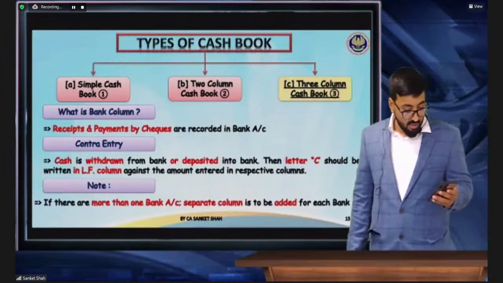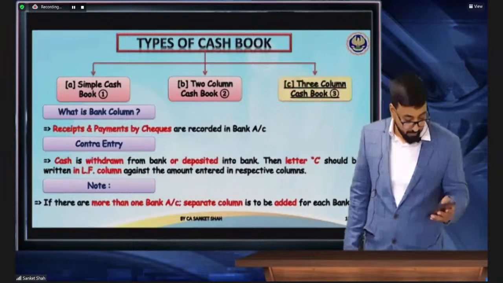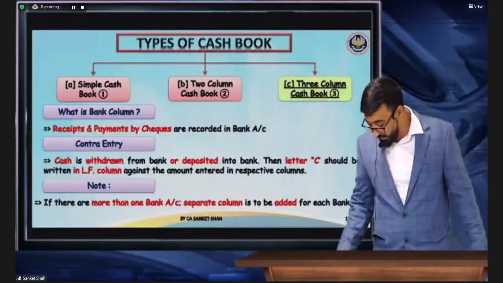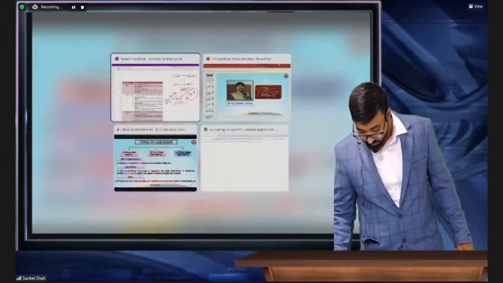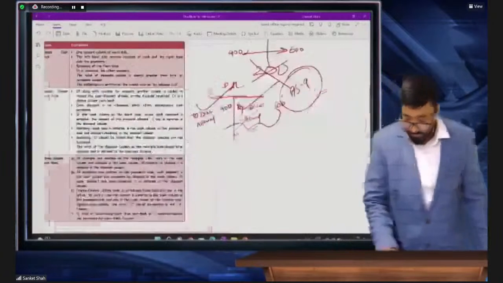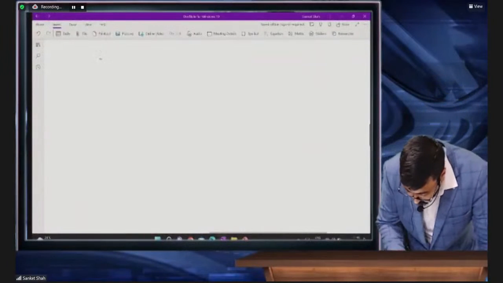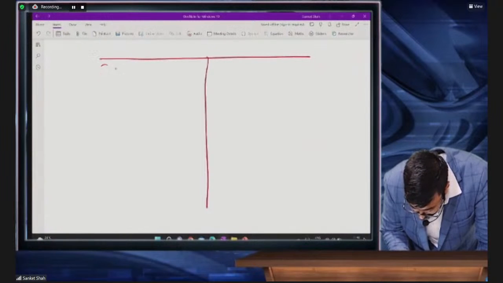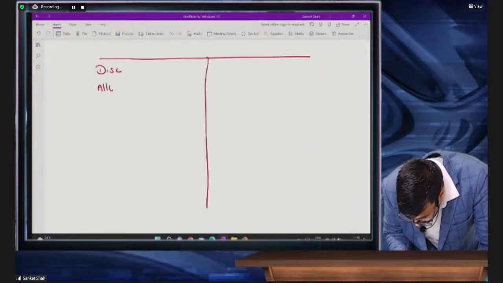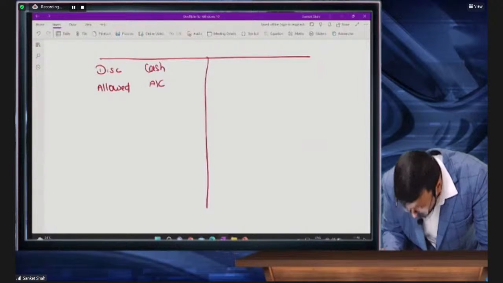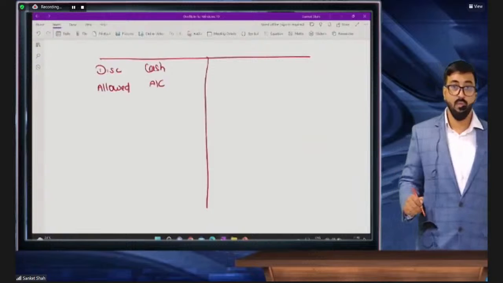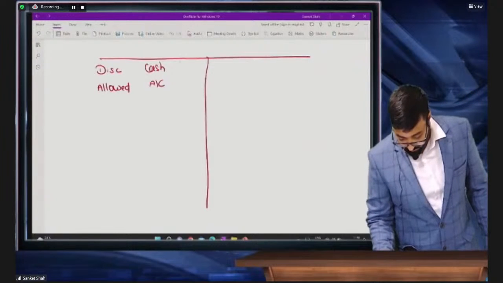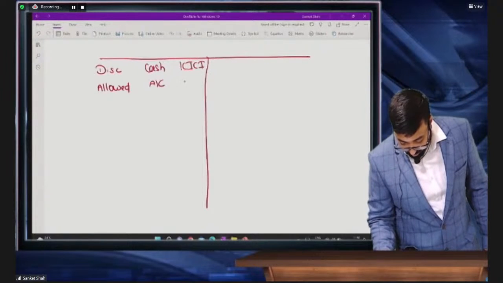Let me explain what is a contra entry. Let's see. Suppose here it is a discount allowed column, cash account and ICICI bank account.